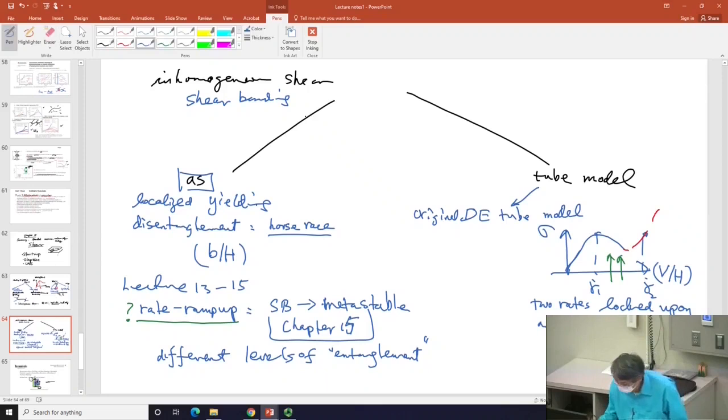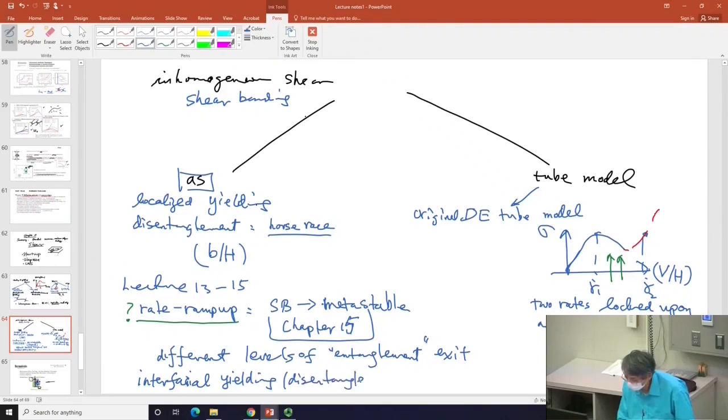So let me use the remaining space to also add and emphasize that under this column of inhomogeneous shear, a very special case is wall slip. You can use a more fancy word. You can call it interfacial yielding, which essentially, as you know, is due to disentanglement.